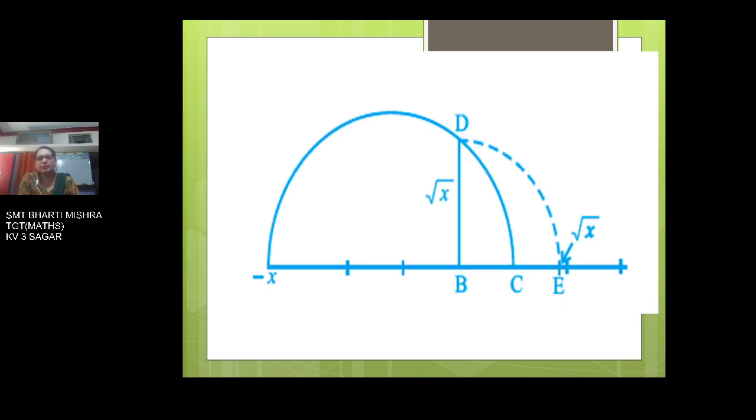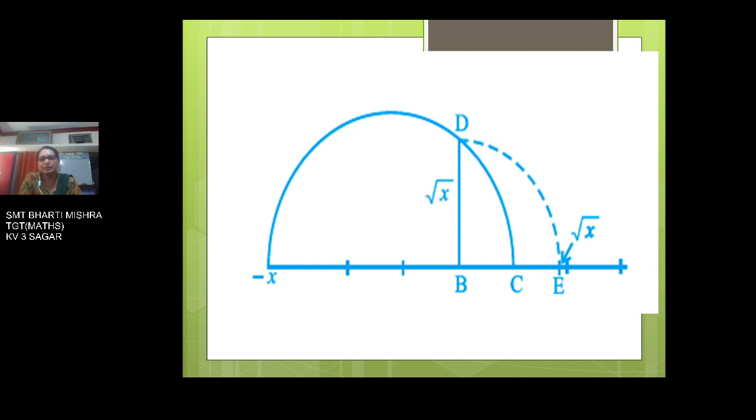Now we are considering the representation on a number line. Suppose we have a number line, and in the same manner you will draw this on the number line. So mark AB. Here the point X is there.